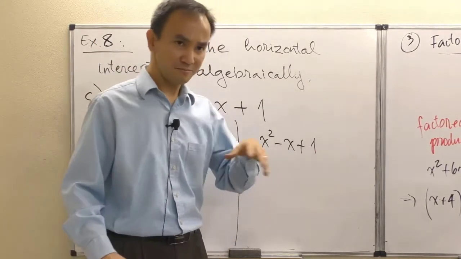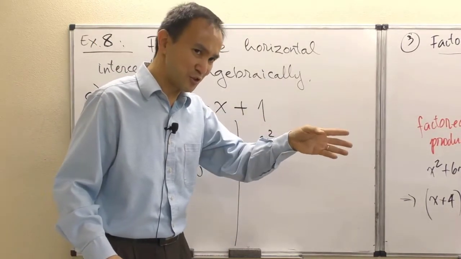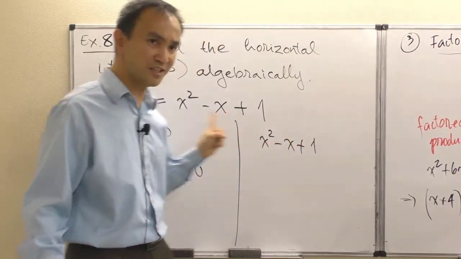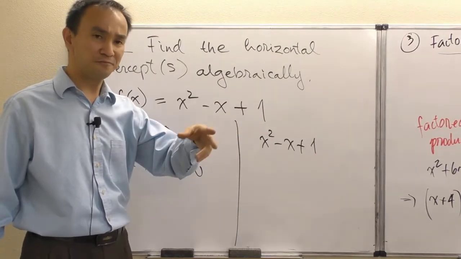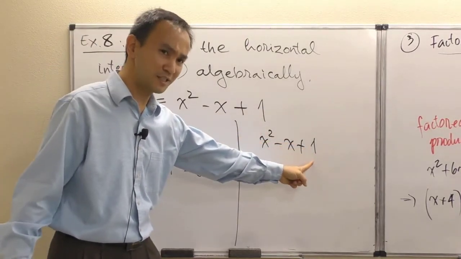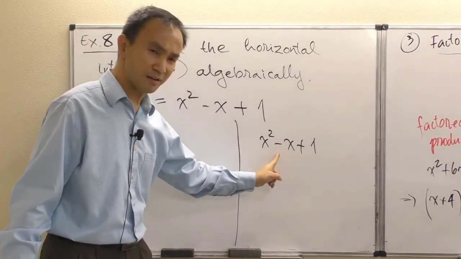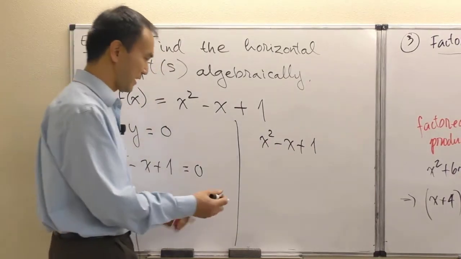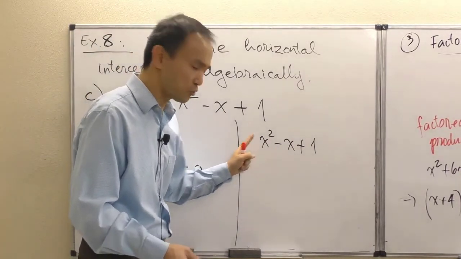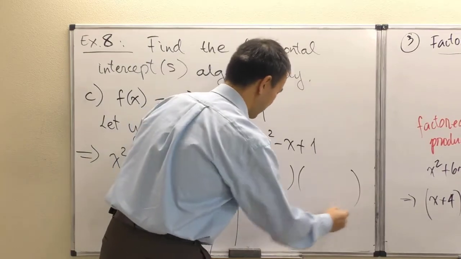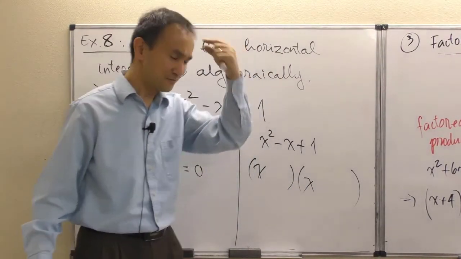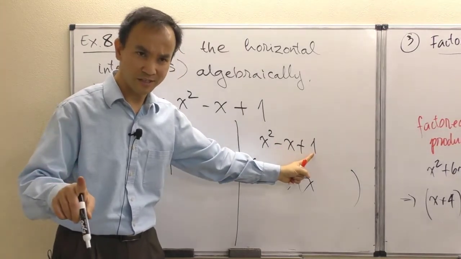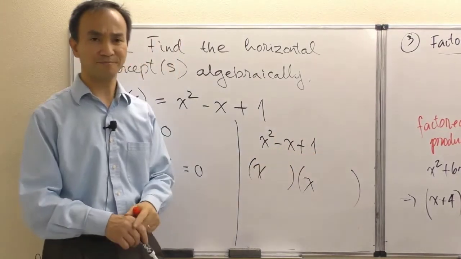With the technique I've used so far in the previous problems, we find two factors of 1, including signs, that sum to -1.